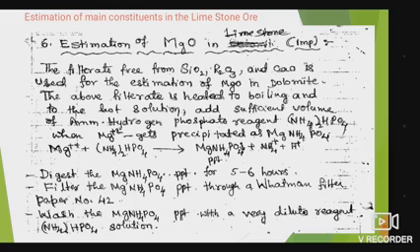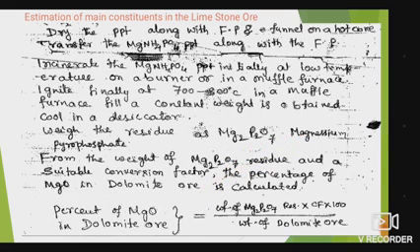Filter the magnesium ammonium phosphate precipitate through a Whatman filter paper number 42. Wash the magnesium ammonium phosphate precipitate with a very dilute ammonium hydrogen phosphate solution. Dry the precipitate along with filter paper and funnel on a hot cone. Transfer the magnesium ammonium phosphate precipitate along with the filter paper.